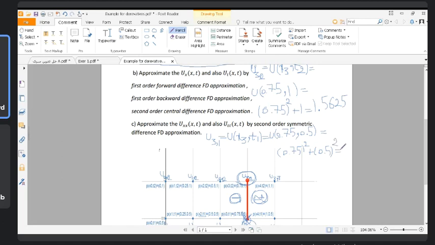And what about the solution? What about the answer? I have computed the result. 5. Okay.